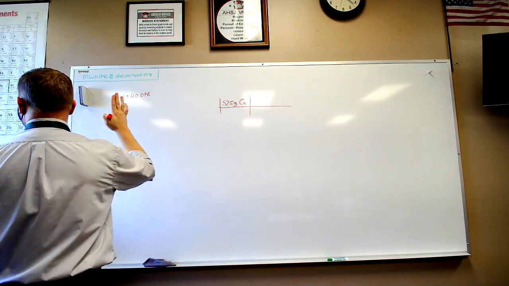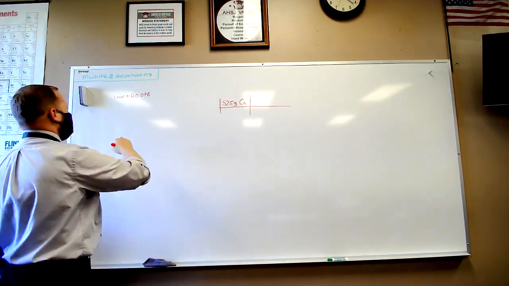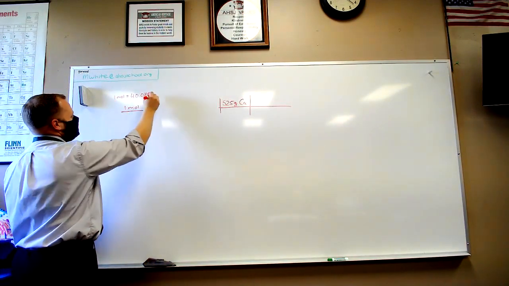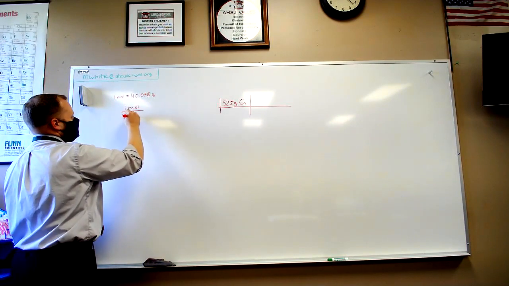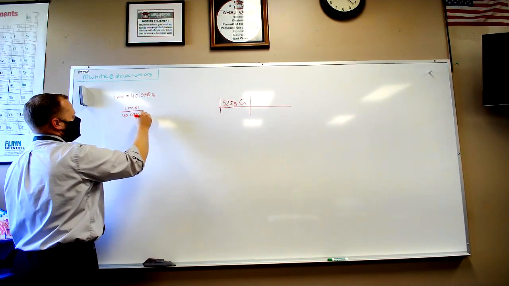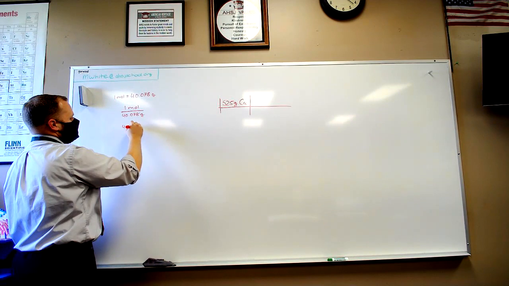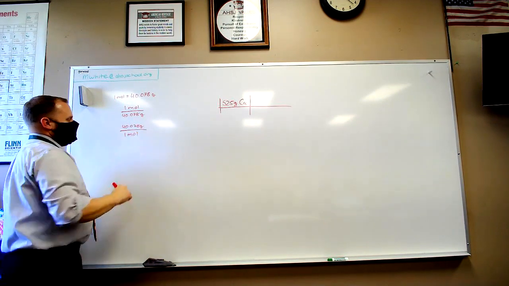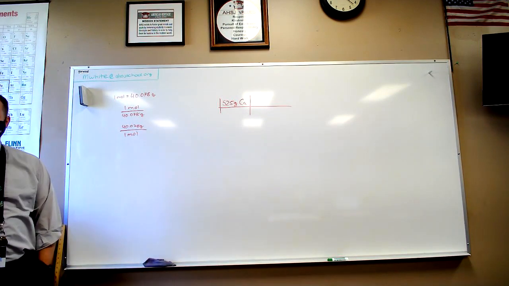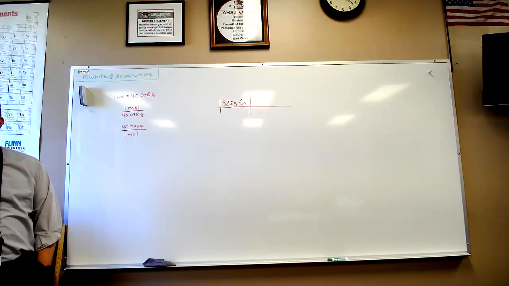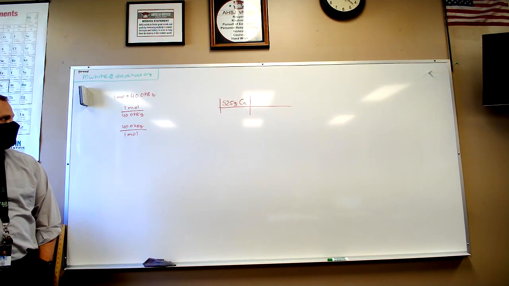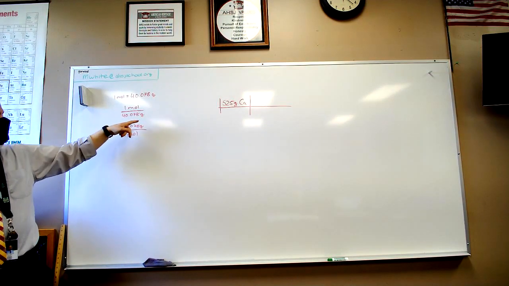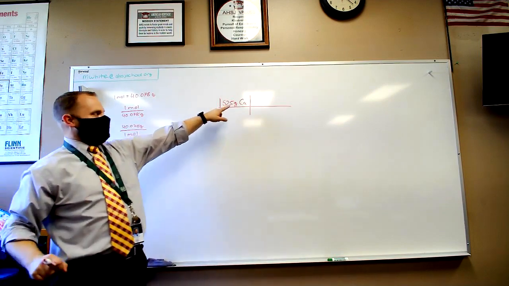So we can set up our conversion factors again. And which one do we want this time? This time we actually do want the one on the top because it has grams on the bottom, which is what we're trying to get rid of.